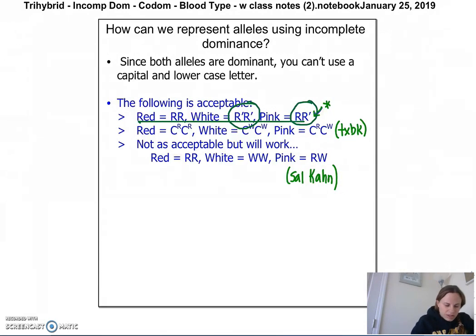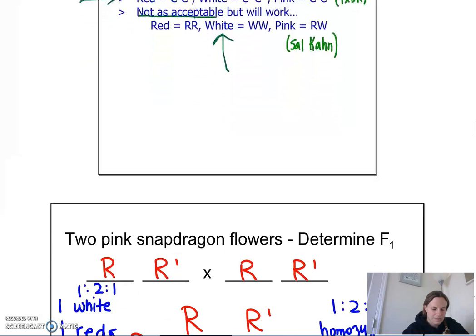In your textbook, you have this nomenclature, and in Sal Khan's video on Khan Academy, he uses that nomenclature. Sal Khan's nomenclature is not as acceptable, but it still works, and you may see any of those three types of nomenclature used to represent incomplete dominance.